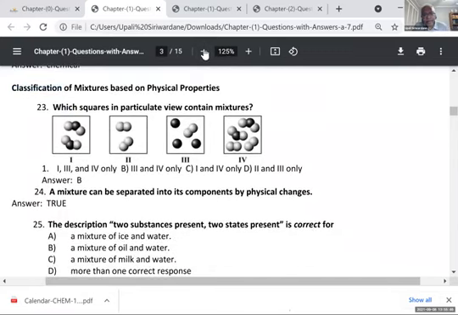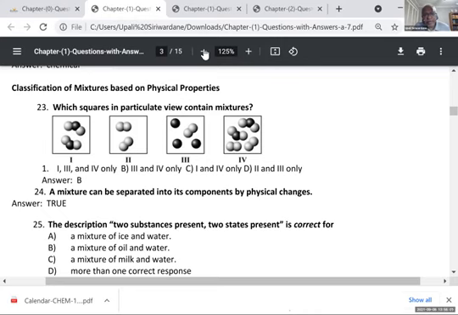Number 23. Which of the squares contain mixtures? Mixtures have two or more elements, or elements and a compound. The first box is 2 molecules of a compound. The second is an element, diatomic.